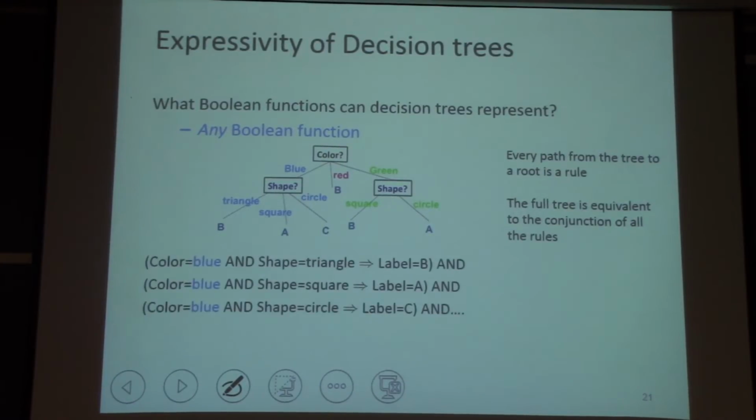So you have, for example, color equals blue and shape equals triangle, then the label is B. Color equals blue and the shape is a square, then the label is, in this case, A. And you exhaustively enumerate everything and you can get pretty much any Boolean function, because you can represent a CNF or a DNF using this. Questions about this?